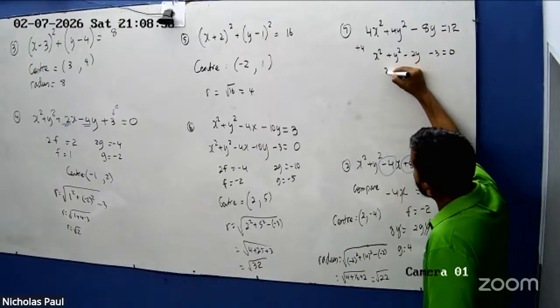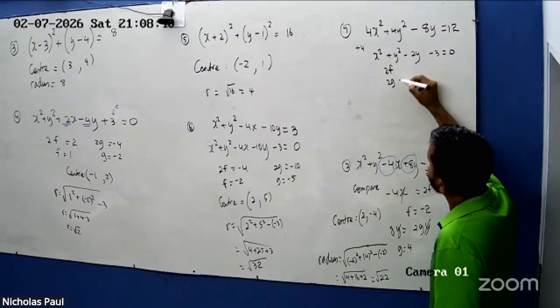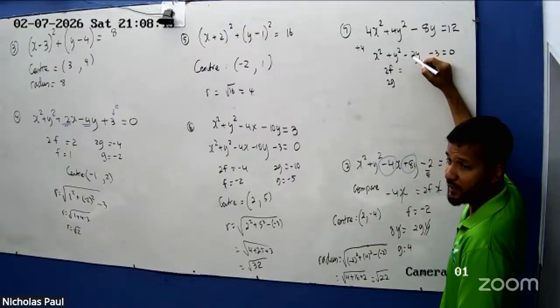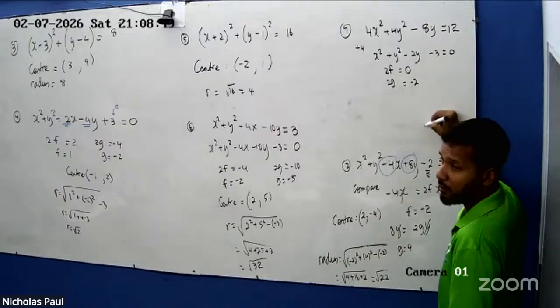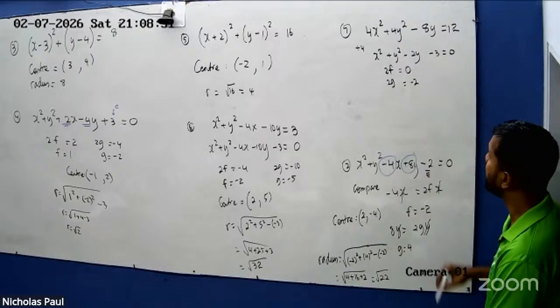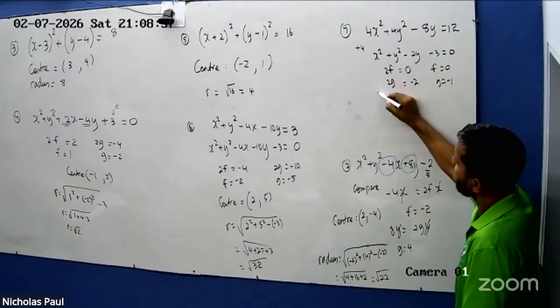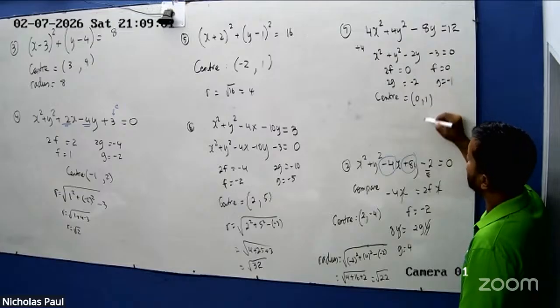Now you have to figure out what 2f and 2g are. Is there any x term? No x term, so 2f is 0, and 2g is minus 2. And then we find f: f is 0, g is minus 1. So we know that the center is 0, 1. Change the signs.